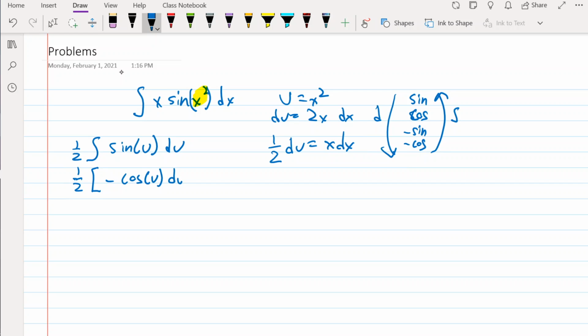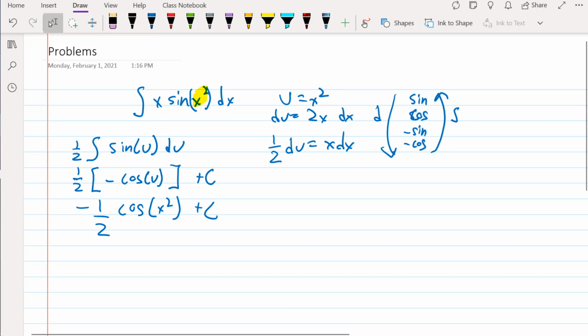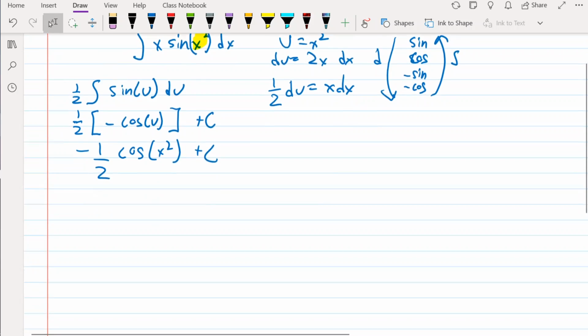We don't need the du there. Then we resubstitute for u, so it's opposite 1/2 cosine of x squared, and we add C. And that is the answer.